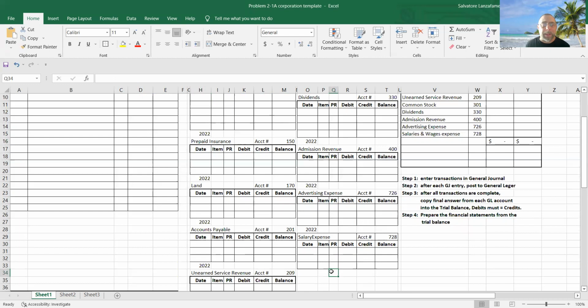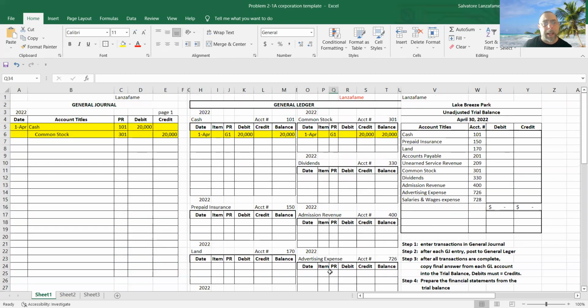So you may have an expense version of insurance and an asset version of insurance. So which one do you use? The one you use is based on how many months worth of insurance you bought. If you had just bought 1 month's worth, you would use insurance expense, which is not even an option for us to use.